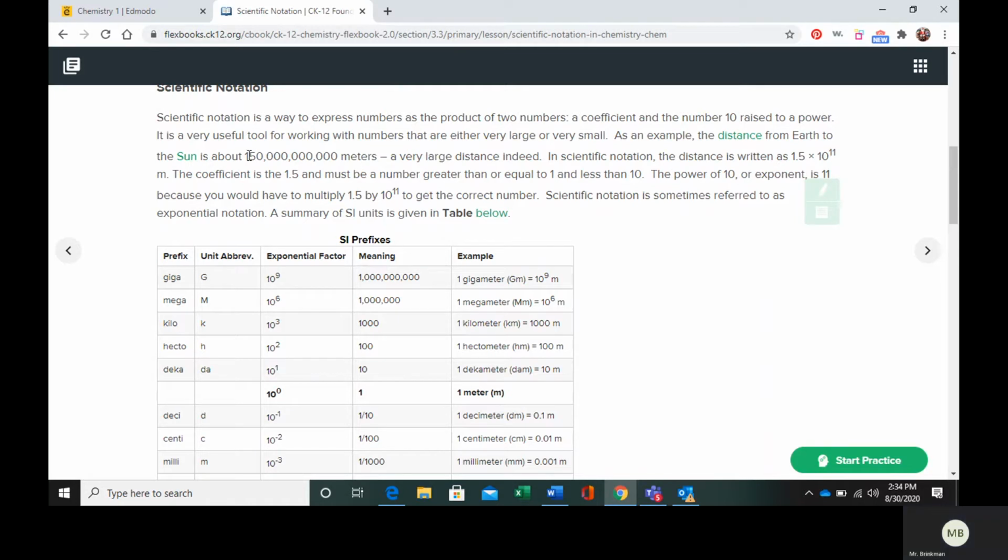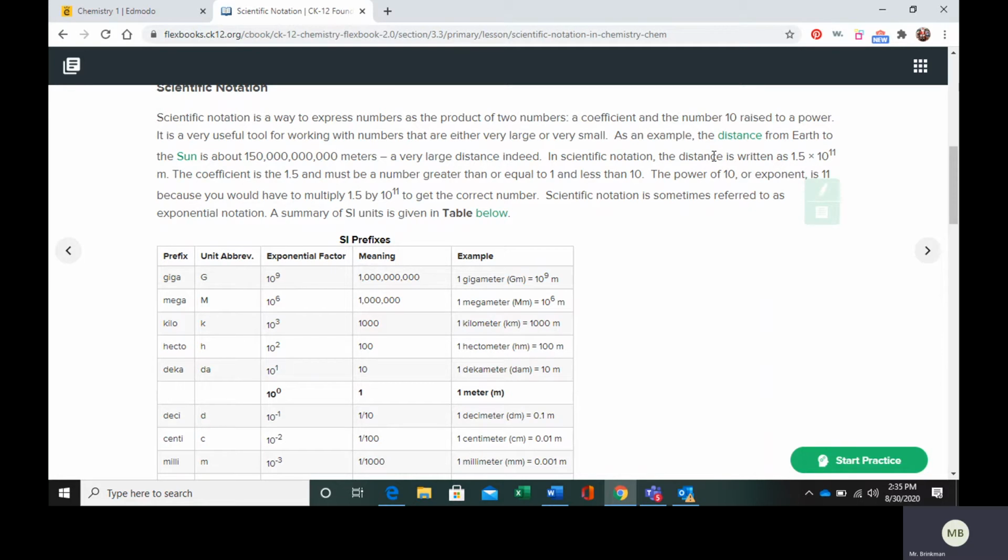So 1.5 times 1, 2, 3, 4, 5, 6, 7, 8, 9, 10, 11. So our coefficient in this is 1.5.